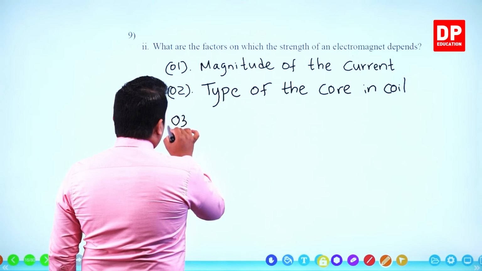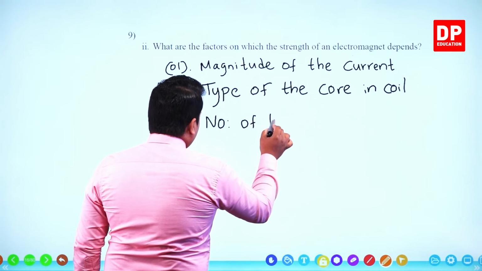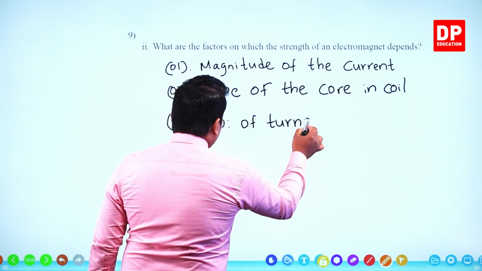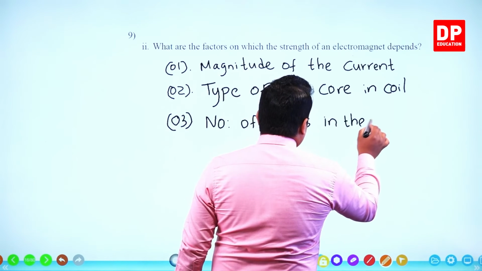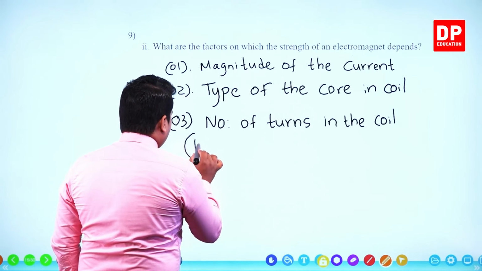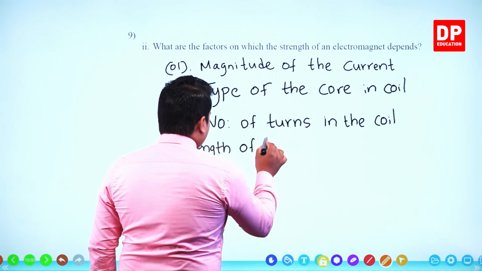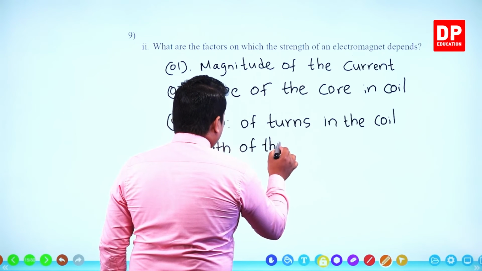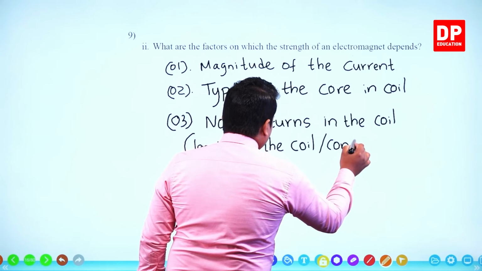Number three, number of turns in the coil. Length of the coil, or the conductor.